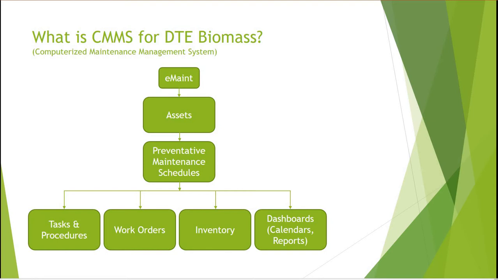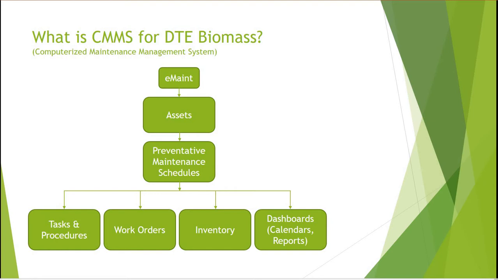So for DTE Biomass specifically, eMaint basically consists of a list of assets, which are equipment that will be used at or with a plant operation, and beneath that you'll have preventative maintenance schedules which are related to these assets.